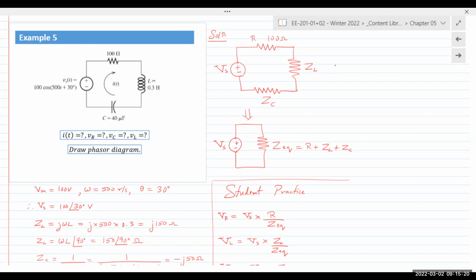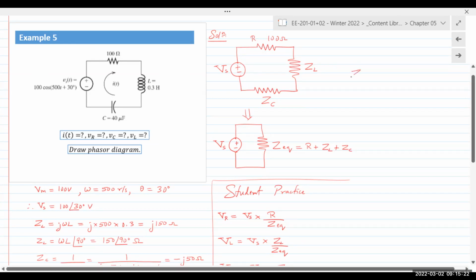So if you ever see impedance with a real number and an imaginary number, the real number will always refer to resistance. The imaginary representation has always to do with inductance and capacitance.